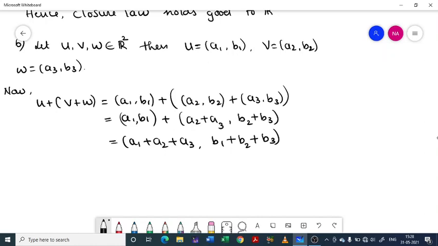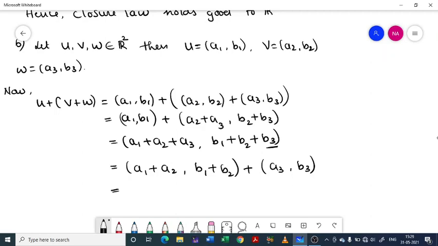So this you can call equation 1. Then compute u plus v plus w, then equate equation 1 and 2. So that way you can do, or you can do this as a1 plus a2 comma b1 plus b2 plus a3 comma b3. See, again I am splitting this by using the definition in the opposite way.